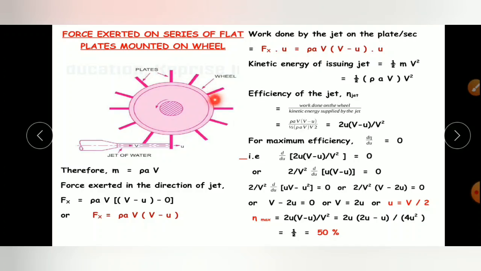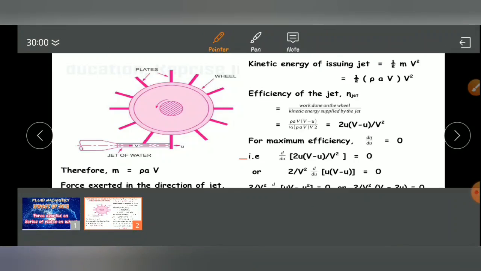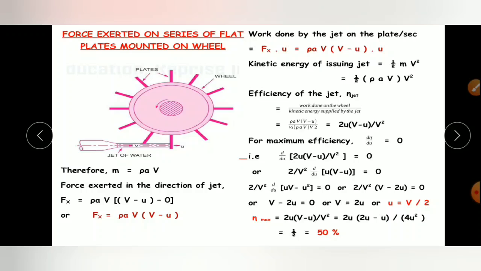Here this is a wheel and these are the plates mounted on that wheel, and this is the jet of water striking the blades. V is the absolute velocity of the jet and U is the velocity of the blade. Let D equal diameter of the jet and small a equal cross sectional area of the jet, which is equal to pi by 4 into d square.